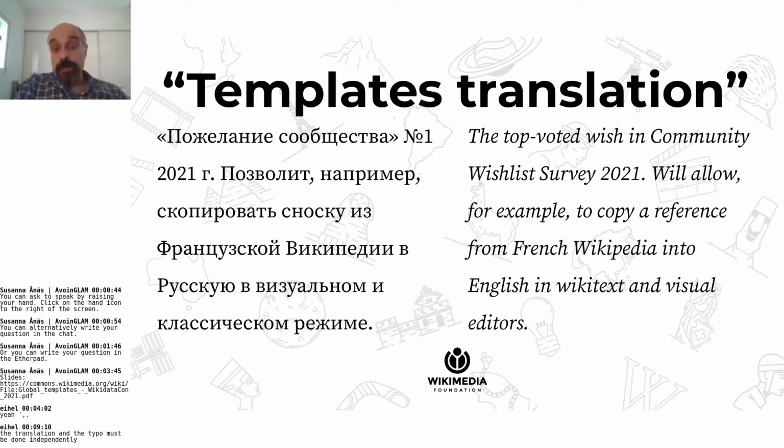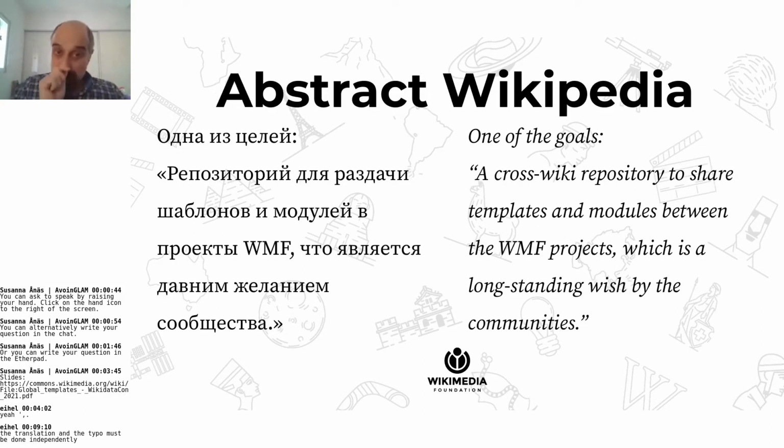For those of you who are familiar with the Content Translation extension, which allows people to translate articles from language to language, you may know that it is able to adapt some templates automatically from language to language. But this functionality is only available in Content Translation. This project will make it available also in Visual Editor and Wikitext Editor. So again, it's not yet really global templates, but it's a step towards global templates.